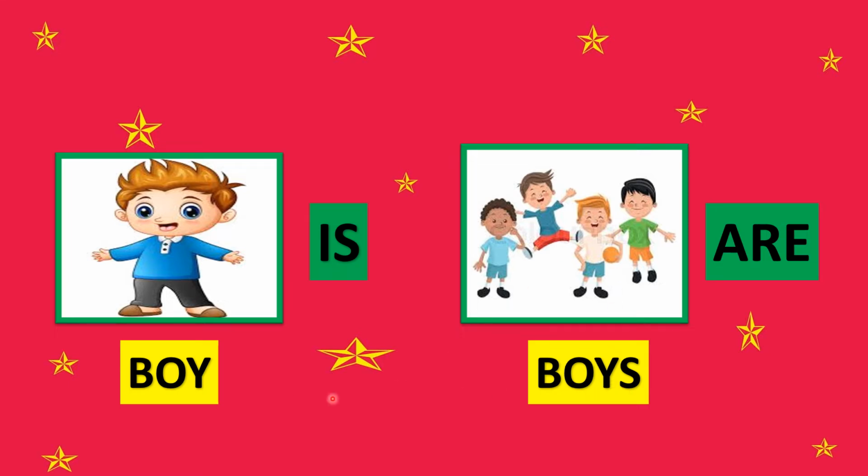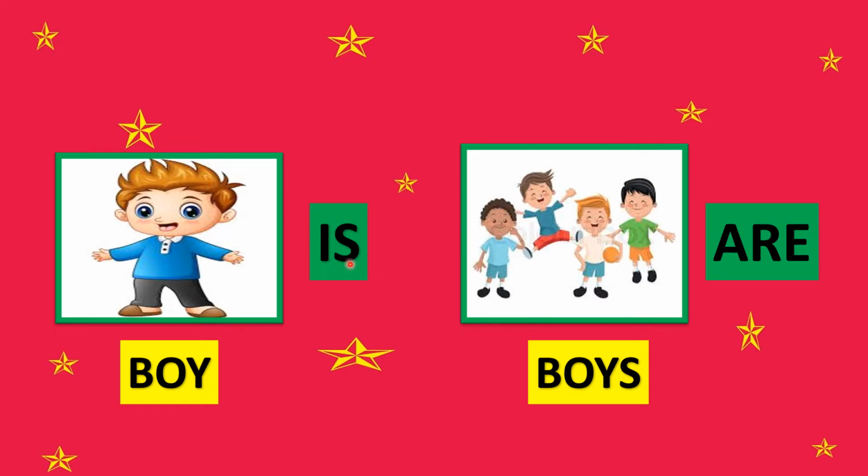Okay, now I will show you how to use "is" and "are". Okay, where to use "is" and "are". Got it? Okay. So, one means only one. So, with one, we use "is". I-S, is. Okay, children?